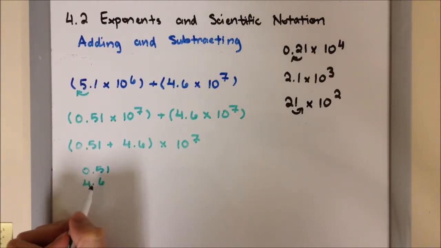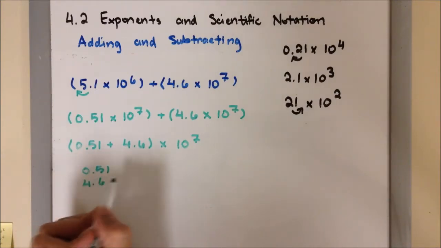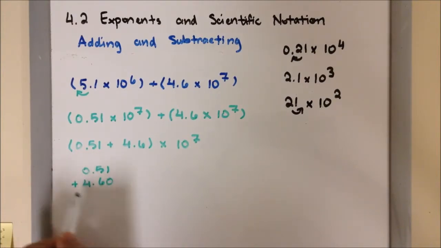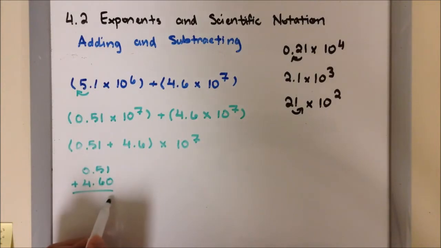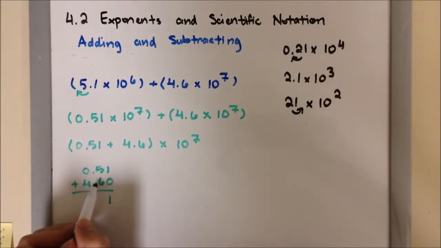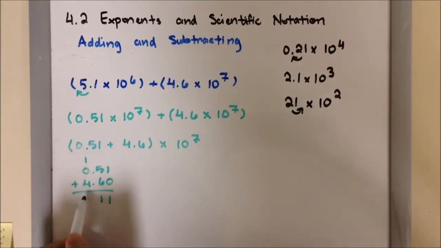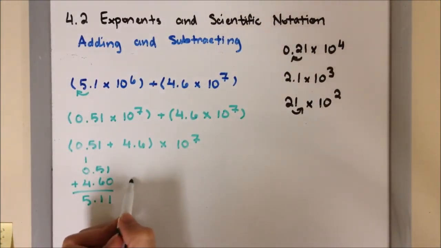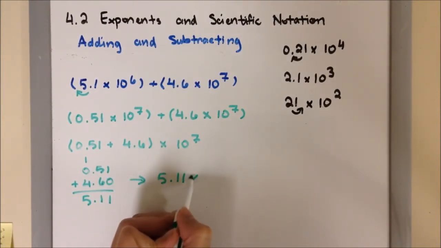Since the first number has 2 decimal places, whereas the second one, 4.6, has 1 decimal place, you can add a 0. Easy as that. So 1 and 0, that's just 1. 5 with 6, that's going to be 11, so I carry the 1. And then I'm going to make it 5. So 5.11. 5.11 times 10 to the 7th.